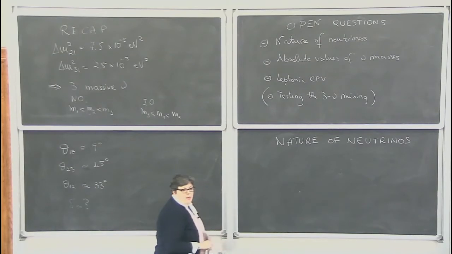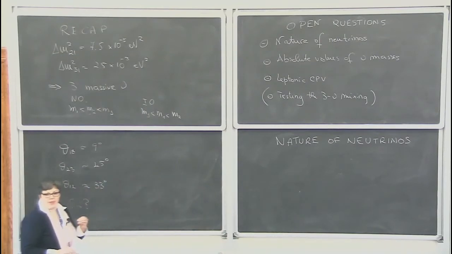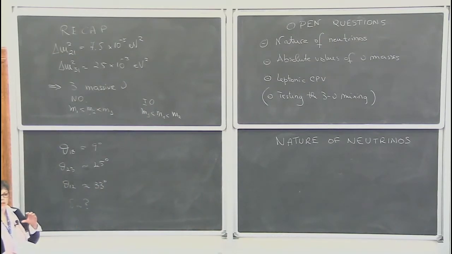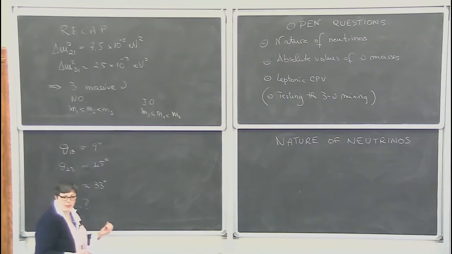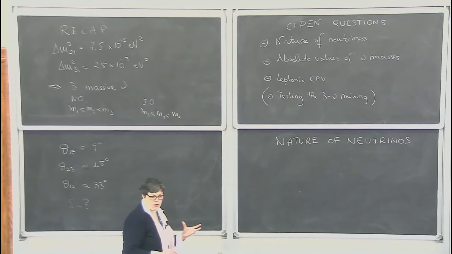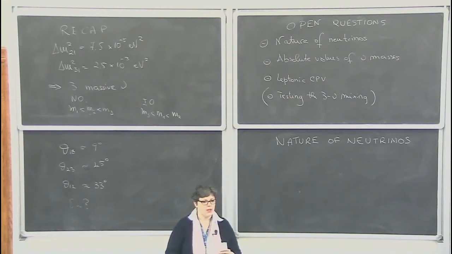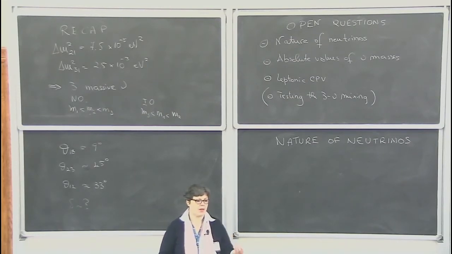I already mentioned this, but this for me really is central in neutrino physics, and the reason is that the nature of neutrinos is directly related to the symmetries, in particular lepton number, conservation or not. If you have a Majorana neutrino, you cannot distinguish the neutrino from the antineutrino, and this can only happen if lepton number is not a conserved symmetry of nature.